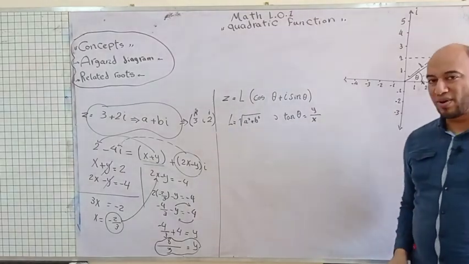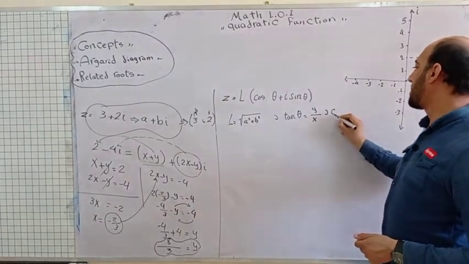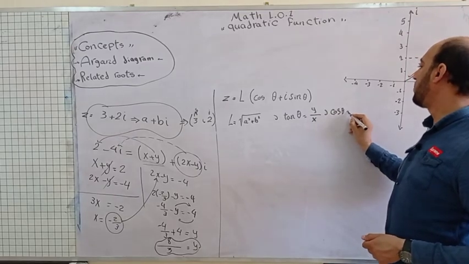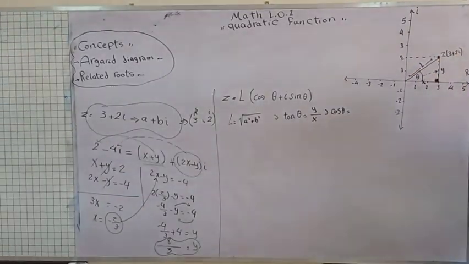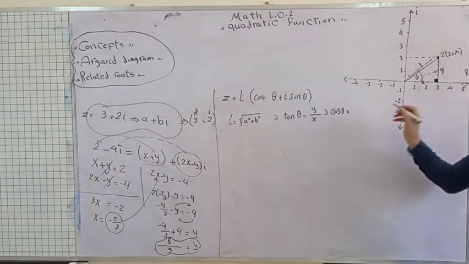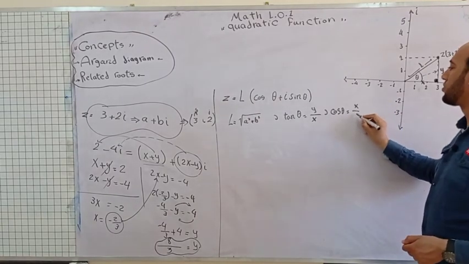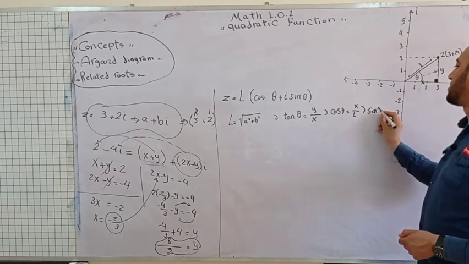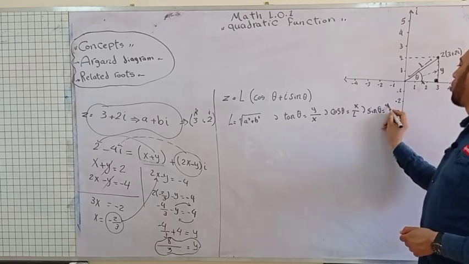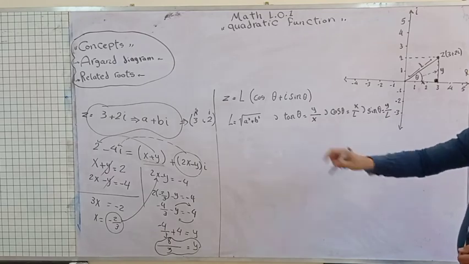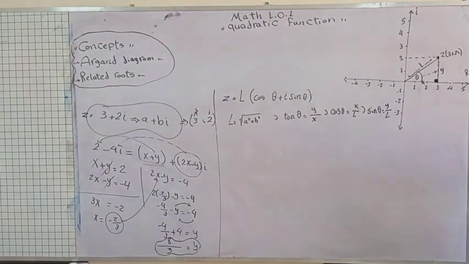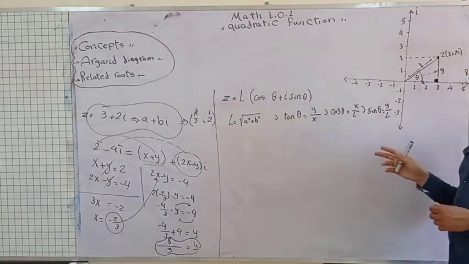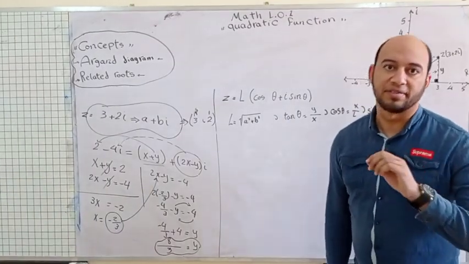Cosine theta equals the adjacent side over the hypotenuse, which is x over L. Sine theta equals y over L, as we said. Then you can use any of these values to get theta.